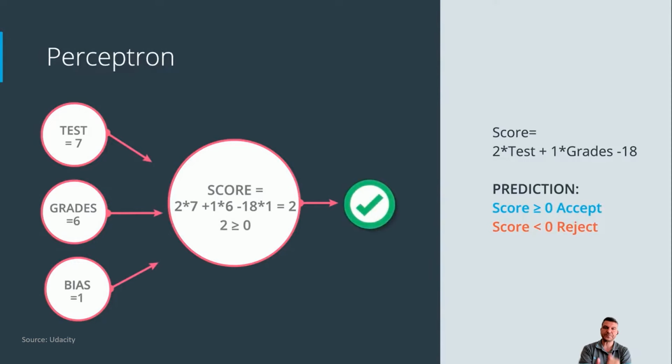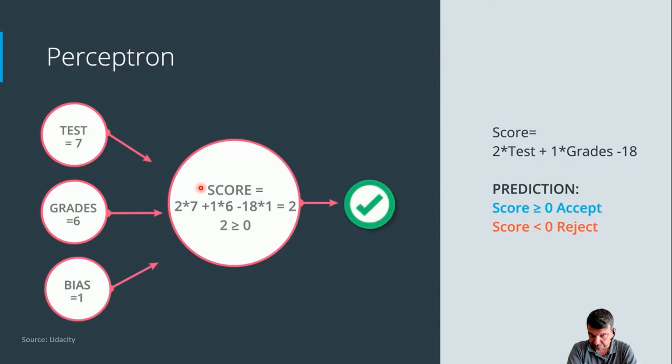Now, what this will do, we can also have the bias as a constant 1 always, multiplied by a weight minus 18, for example. So this could be a third input in our case, correct?